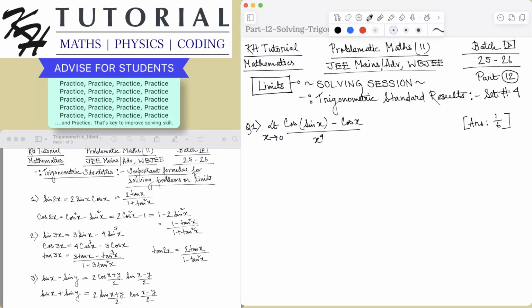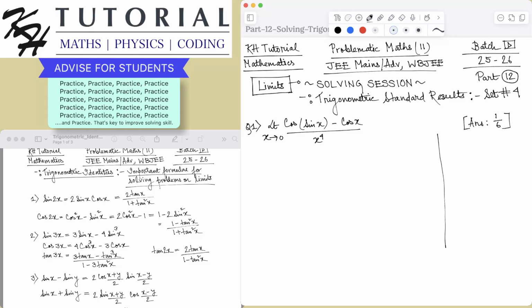Okay, so the first problem is limit x tending to 0 of (cos of sin x minus cos x) divided by x to the power 4. Now I have already said multiple times in the previous videos that if you see trigonometric functions and you are targeting to solve the problem of limits using the standard results of trigonometric functions, then eventually you have to simplify the entire given function as factors of sin x by x, or tan x by x and cos x.